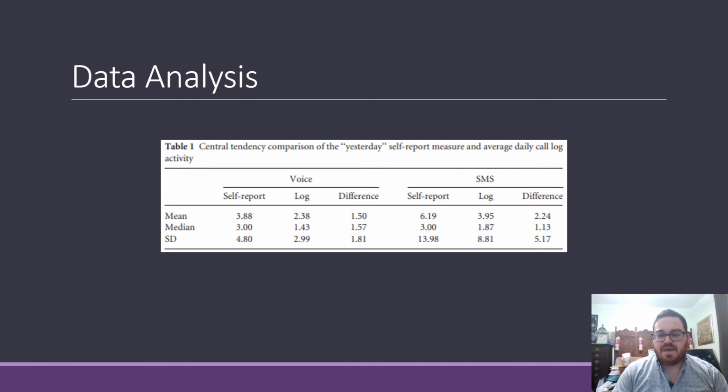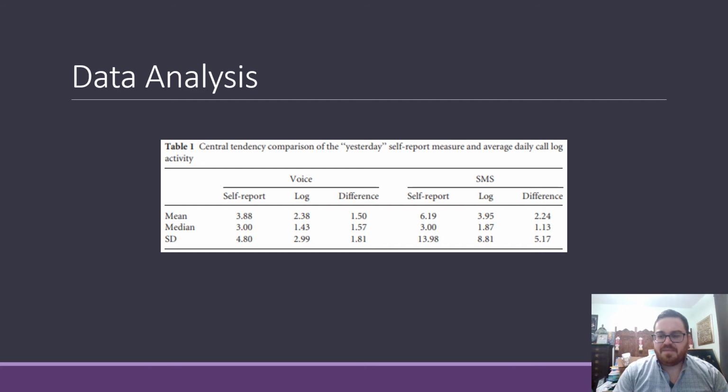Here is a table of the frequency of use for the yesterday section, split up between voice and SMS text. As you can see, the self-reported data for the mean, median, and standard deviation for both the voice and the SMS tend to have values that were higher than what the actual logs were recording, with a bigger significant difference in the SMS than with the voice.